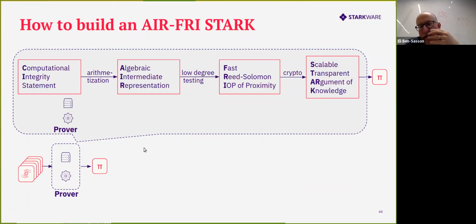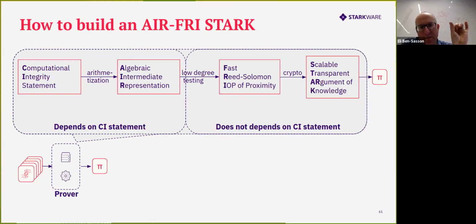We use one that we built and improved in-house called the Fast Reed-Solomon IOP of Proximity, or FRI. And then you apply basically the Fiat-Shamir heuristic and the Kilian reduction and Micali transformation, things that come from standard cryptography, moving from an abstract interactive oracle proof system to a very concrete argument system, and then you get your Stark. And that's what you send to the system.